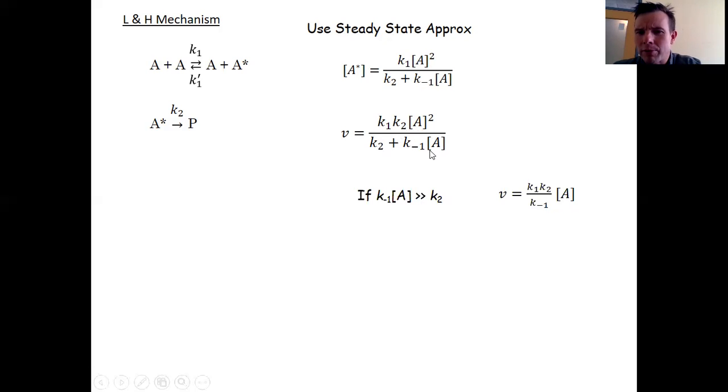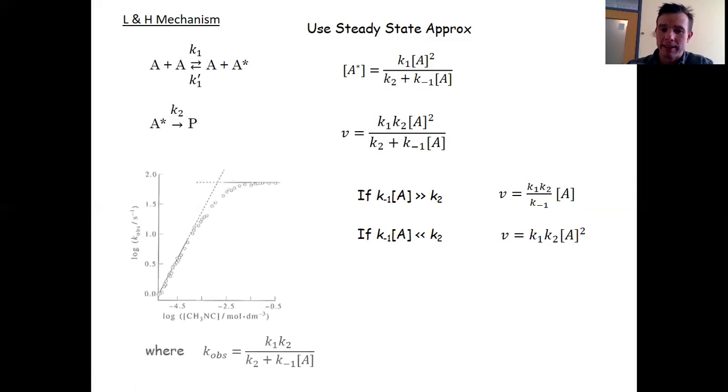Again, if this equilibrium is fast and k_-1 A is bigger than k_2, you get a simple first order expression. However, if this term is small compared to k_2, what you get is something that looks like a second order reaction, k_1 k_2 A squared.